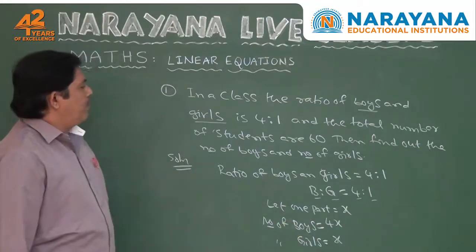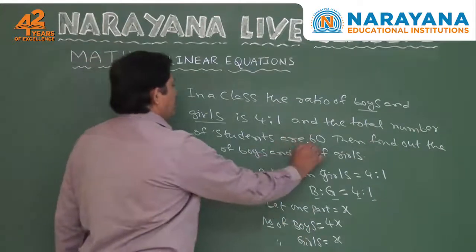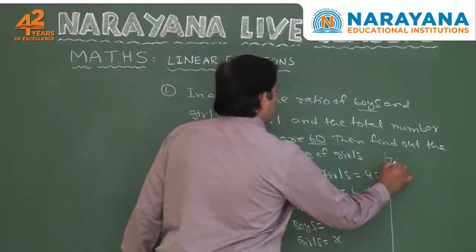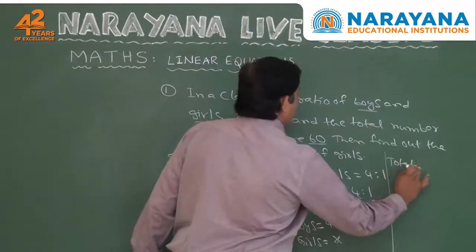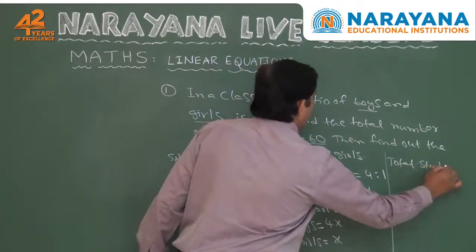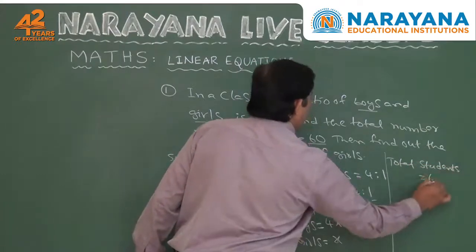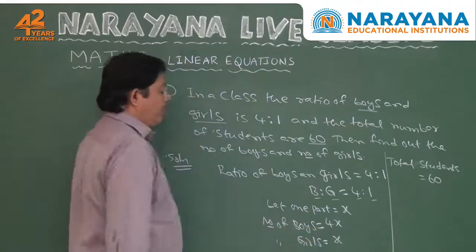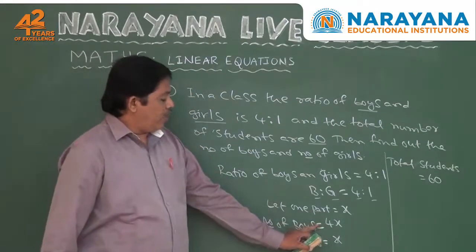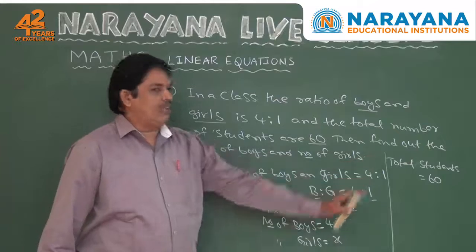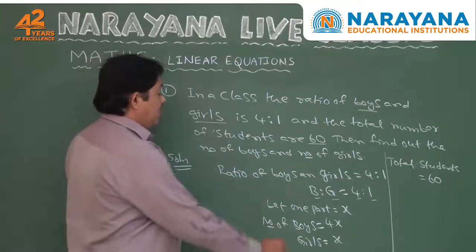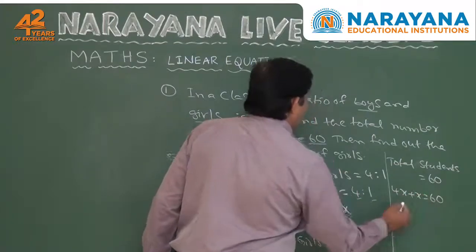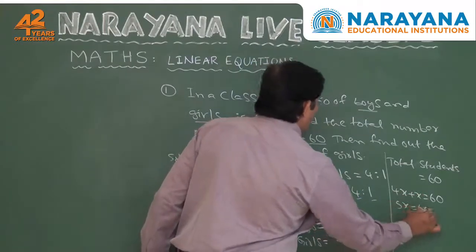In the given problem, the total number of students in the class is 60. Total students equal to 60, that is given. If we add the number of boys and number of girls, we get the total number of students, that is 4x plus x equal to 60, that is 5x equal to 60.